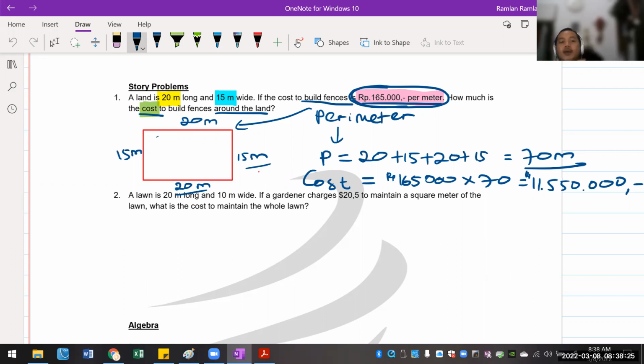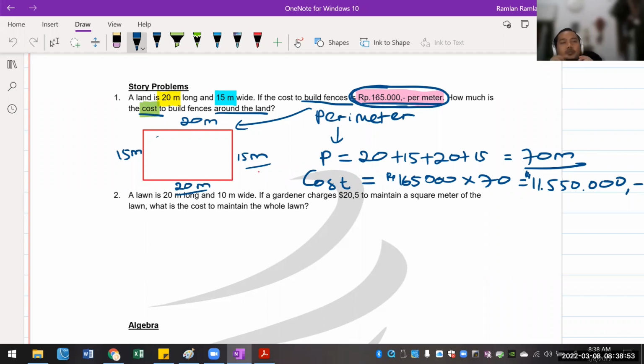Oke, saya ulang lagi. So the next one is to connect. What can we use? Like formulas maybe or concept. What are the concept or the formulas that we can use to help us answer the question? In this question, number 1, you're building fences. Like Sharon said before, it is connected with perimeter because perimeter is the distance around the shape.